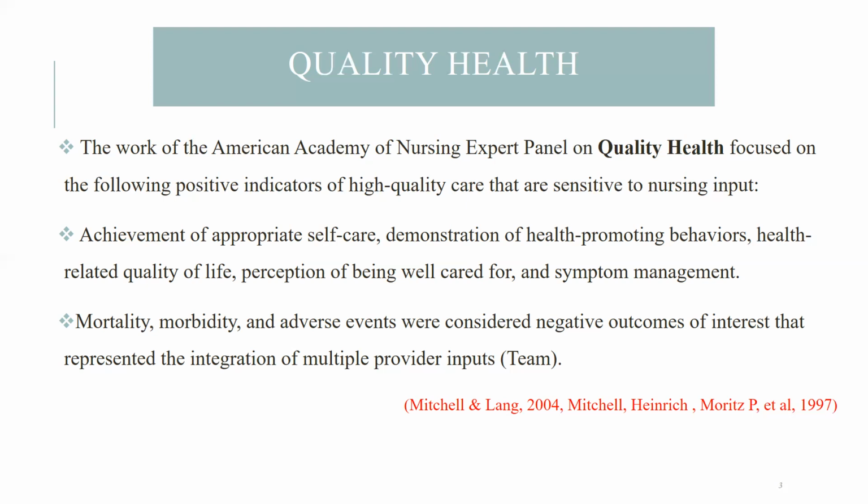So we measure the mortality rate, the morbidity rate, disease, adverse events, needle stick injuries, and history of falls. These tell us how quality care is provided by this facility. So these are basically the negative outcomes of interest that represent the quality of that organization and our facilities.